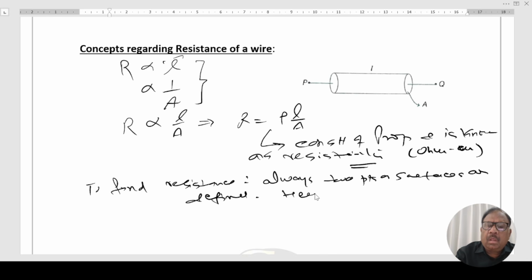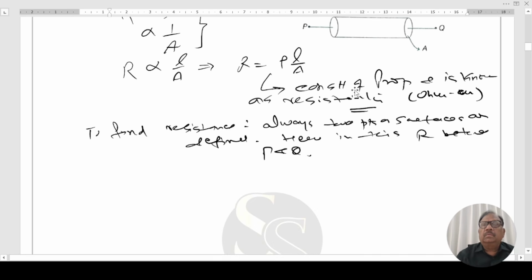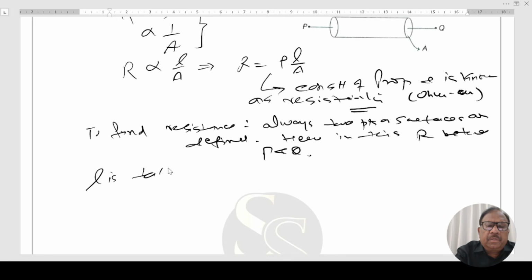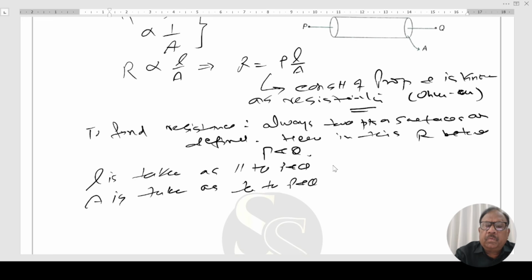Here, in this case, they are between P and Q. L is taken as parallel to P and Q, and A is taken as perpendicular to P and Q. Right?